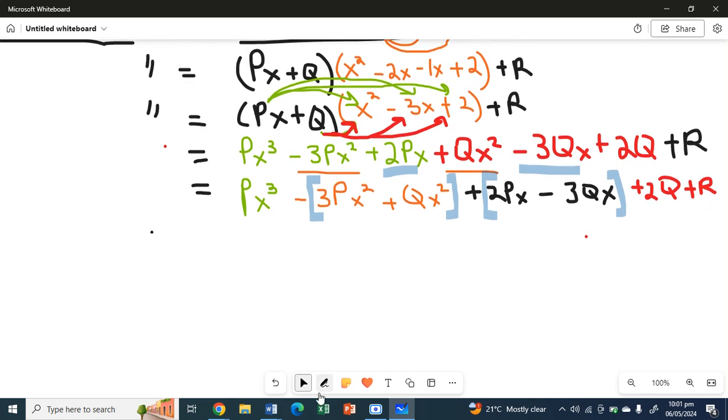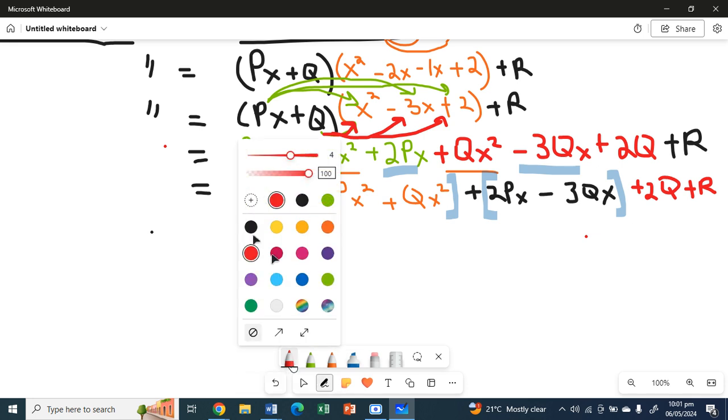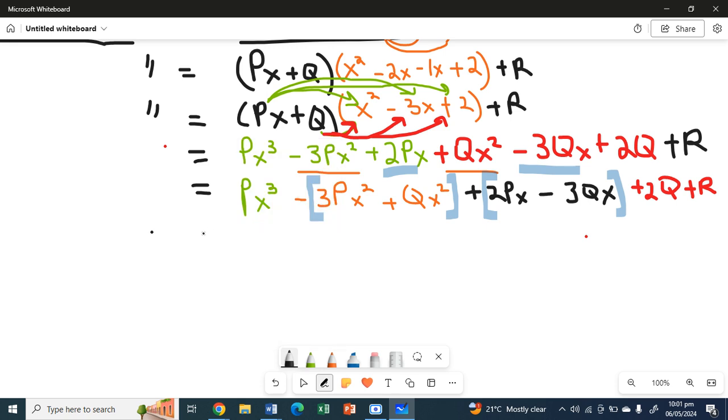So this is how it becomes. px cubed minus. We look at these two terms. What is our common factor? Our common factor is x squared.